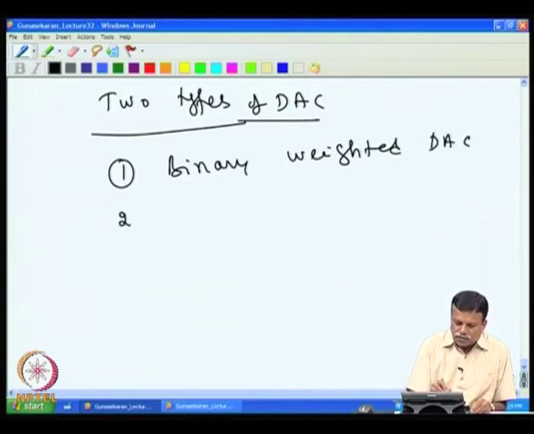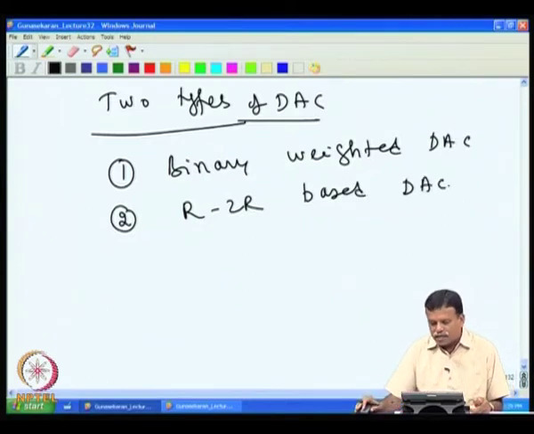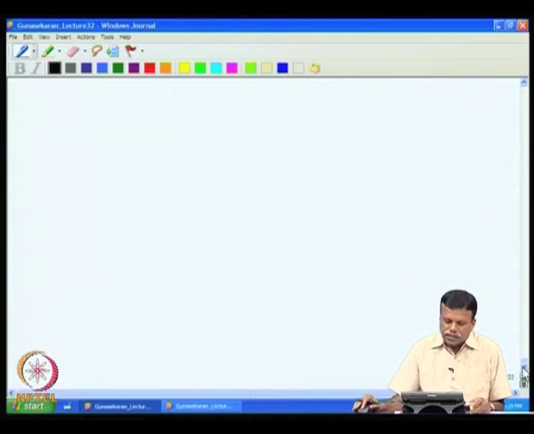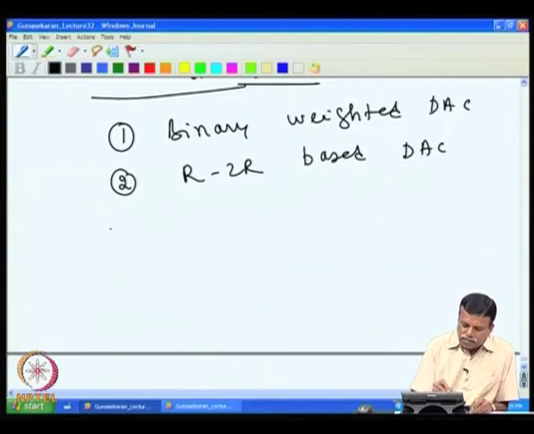The second one is the R-2R network based DAC. There are two types of DACs available. Let us see the first one, the binary weighted DAC.